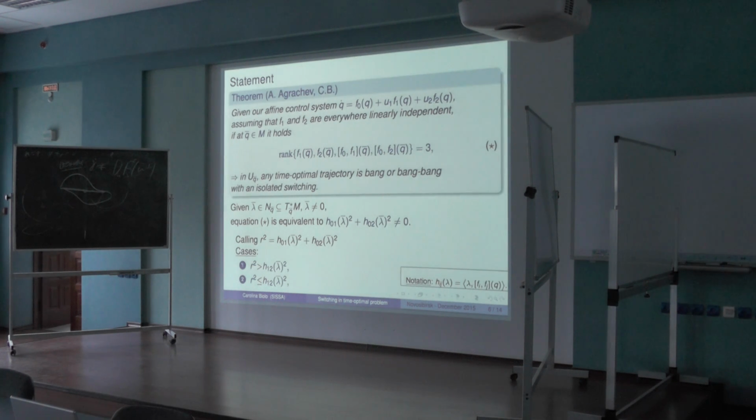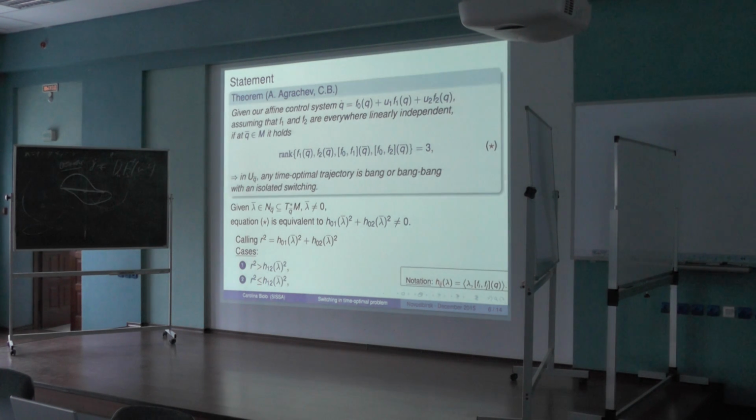Equation star is equivalent to what is written here, and it's a three-dimensional manifold. You assume that F1 and F2 are independent. So it is reasonable to expect that if R is 0 but H12 is not, we do not have switch.